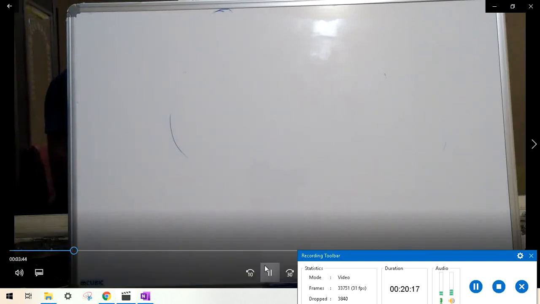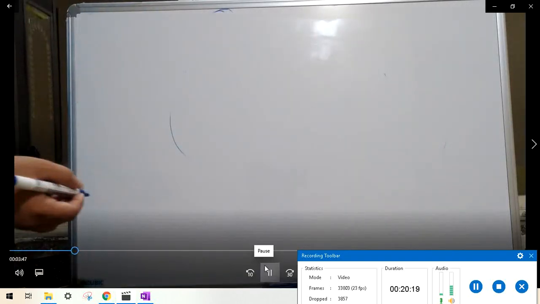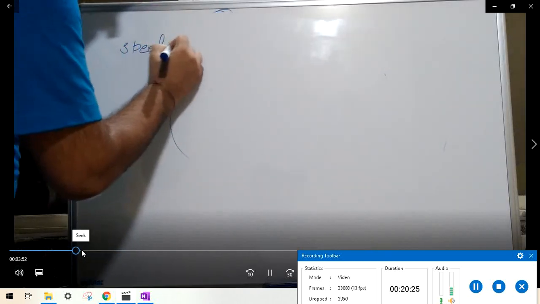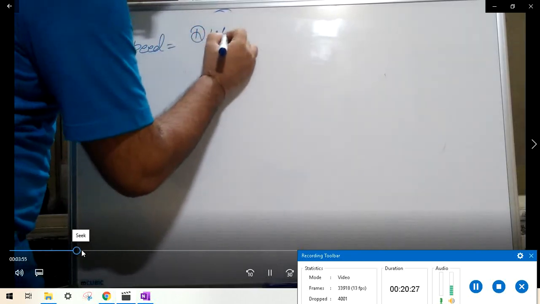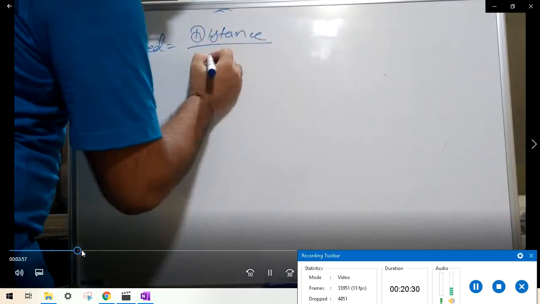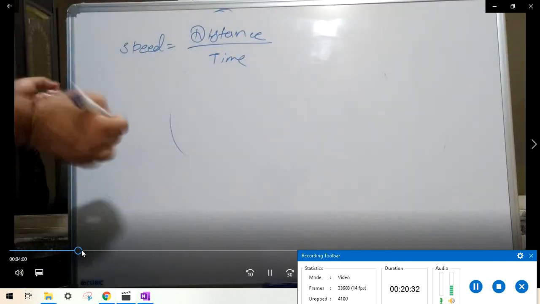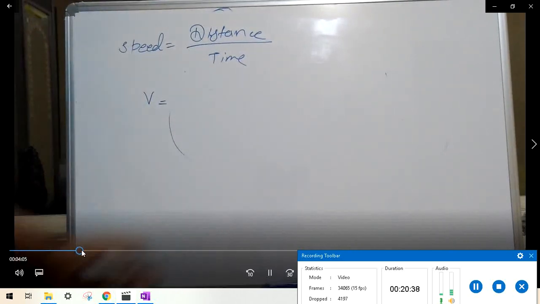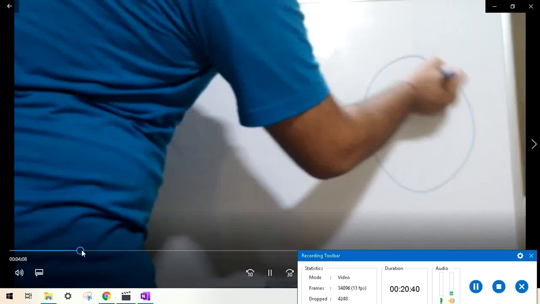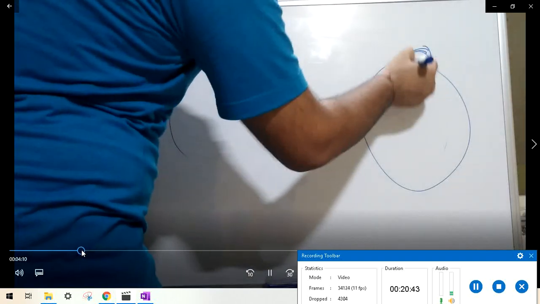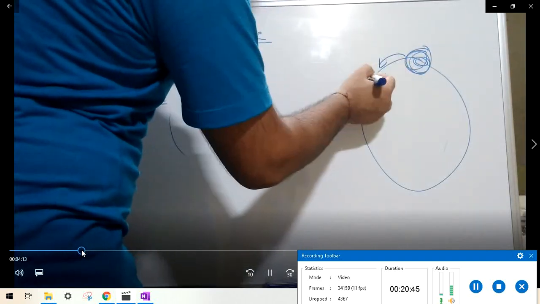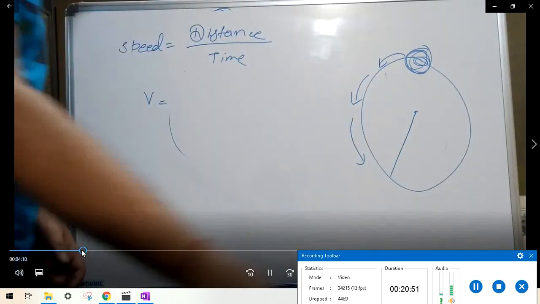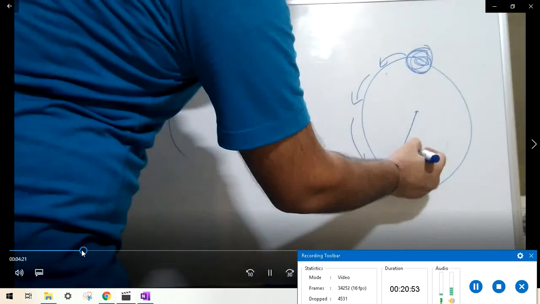There is a basic formula that speed is equal to distance upon time, right? Now let's say I give the symbol V for the speed, and let's say I have a tiny little planet revolving on this axis, and this axis is actually a circle and it has a radius r.